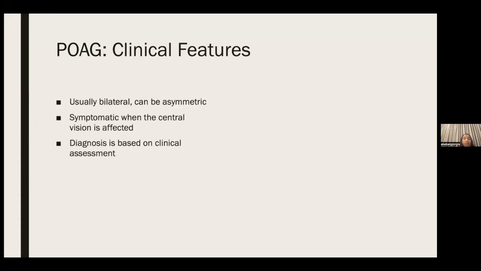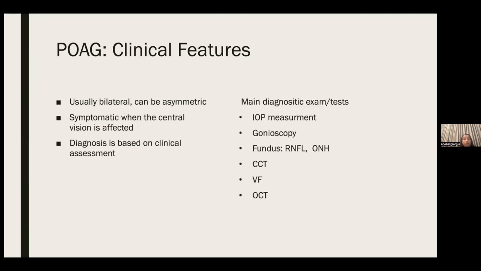So coming to the clinical features of POAG, it is usually bilateral, but it can be asymmetric, and it is symptomatic when the central vision is involved. Otherwise, it's asymptomatic in most of the cases, as we all know. And the diagnosis is based on clinical assessment.